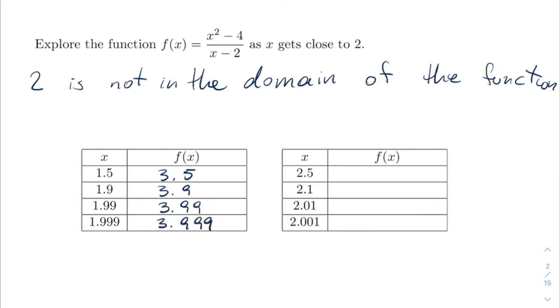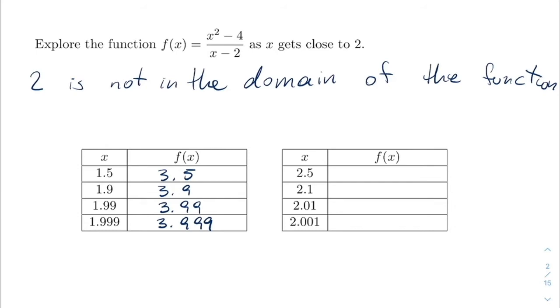Now you can do the same thing, but with values getting closer and closer to 2 from below. Notice that all these values are smaller than 2 and they're getting closer and closer to 2. And now we can do the same thing with values that are getting closer and closer to 2, but from above.